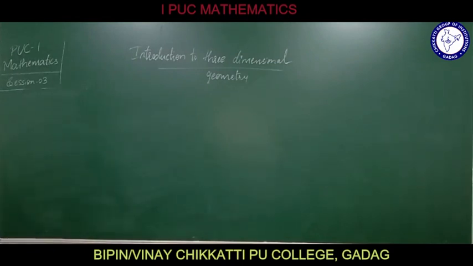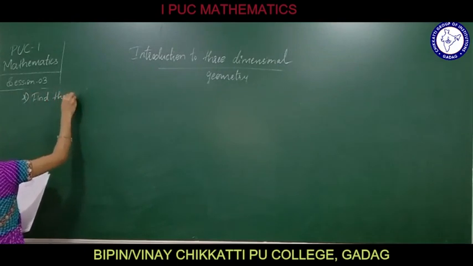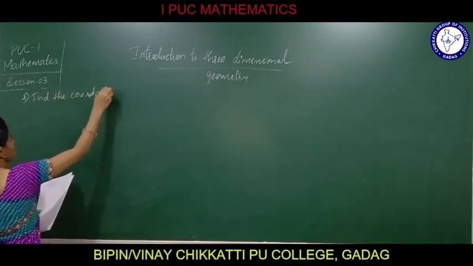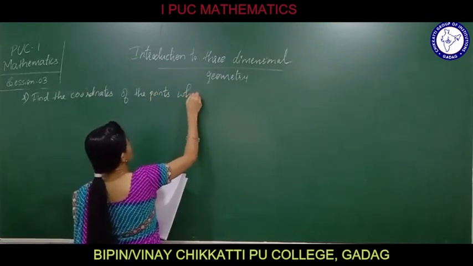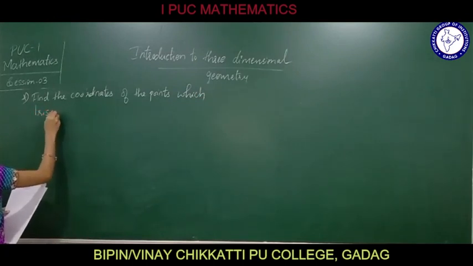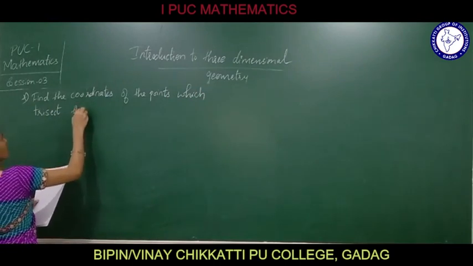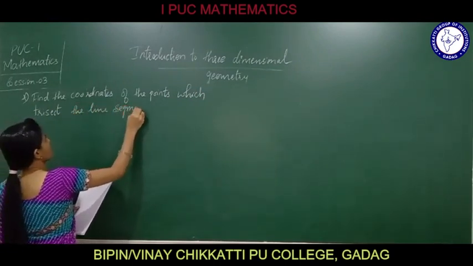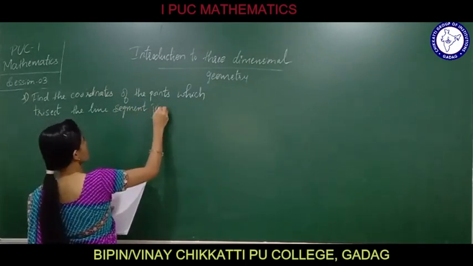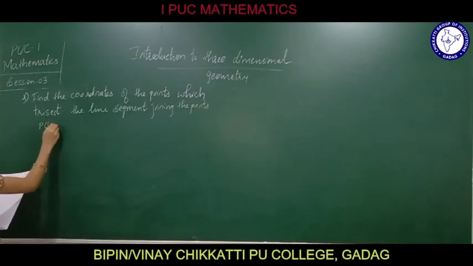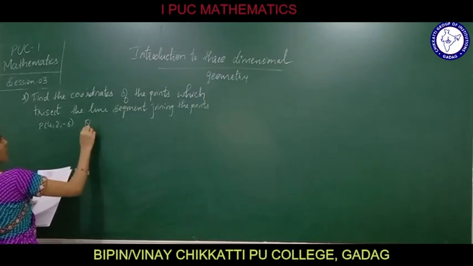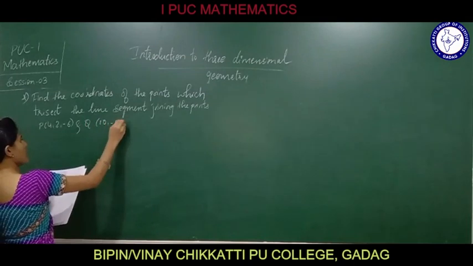Next one is what? Find the coordinates of the points which trisect the line segment joining the points P of 4, 2, minus 6 and Q of 10, minus 16, 6.